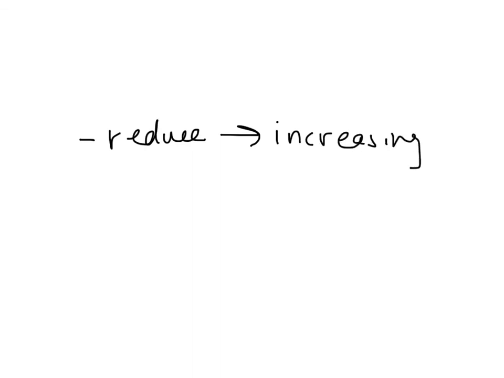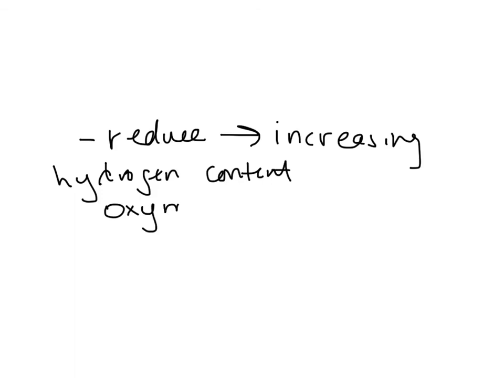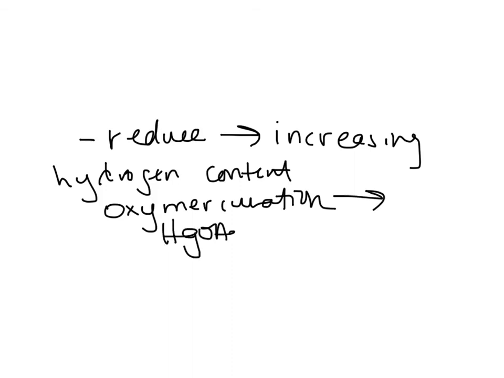What I'd like to mention is that when we reduce, we are increasing the hydrogen content. So think about the oxymercuration reaction. We took the mercury and we reduced it to a hydrogen.